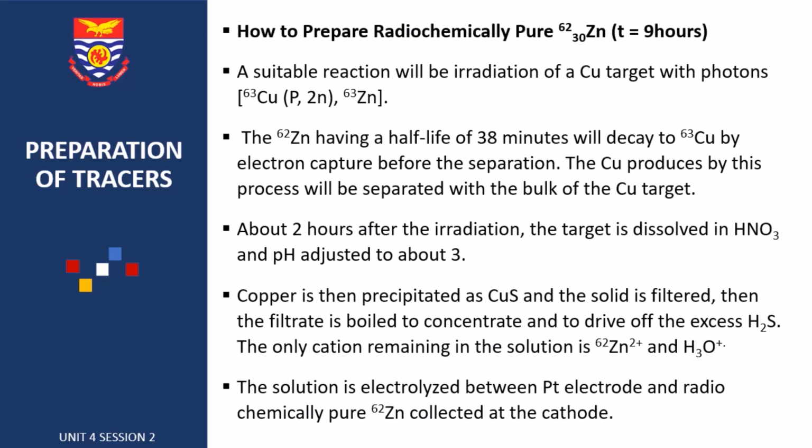The filtrate will then be boiled so that it will become concentrated, and also to drive off any hydrogen sulfide that is present. The only components that will be left in the concentrated filtrate will be the cation zinc 2 plus and the hydronium ion. The solution will then be electrolyzed between platinum electrodes and radiochemically pure zinc 62 will be collected at the cathode.